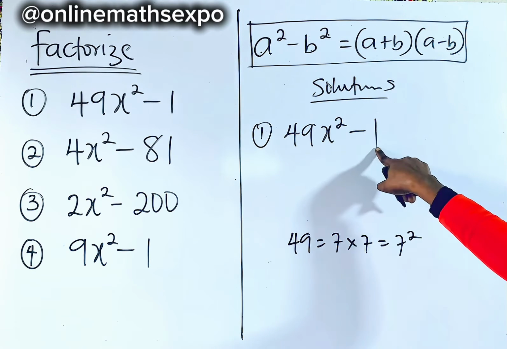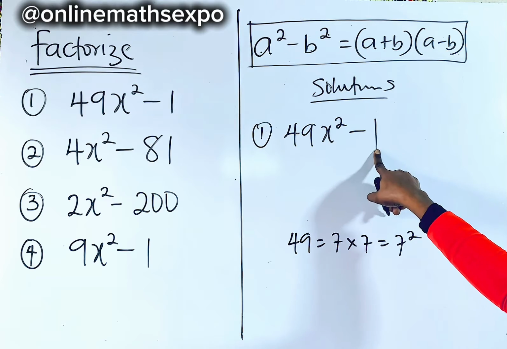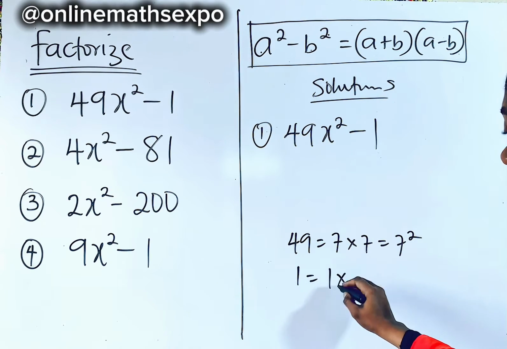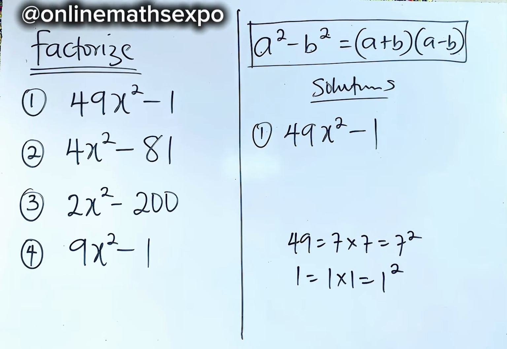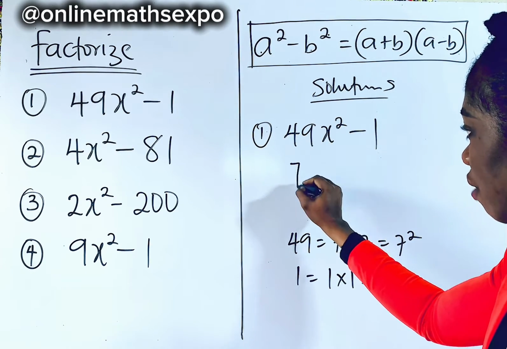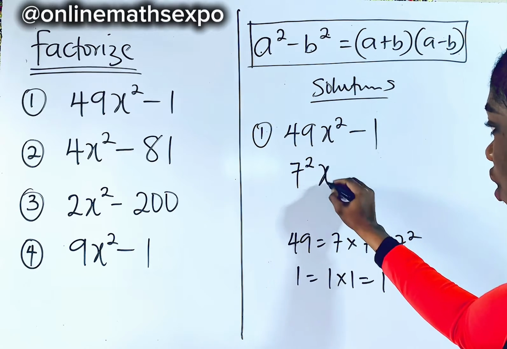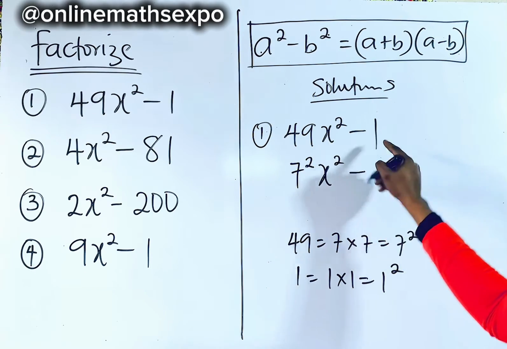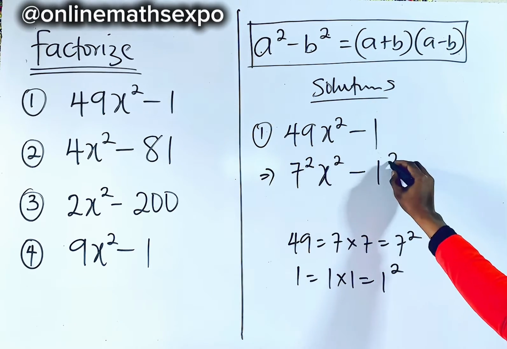And you also know that 1 is a perfect square. 1 is 1 times 1, which is 1 squared. So if this is true, then we can simplify. And to do that, we are going to have 7 squared multiplying x squared. Then this is the same as 1 squared.